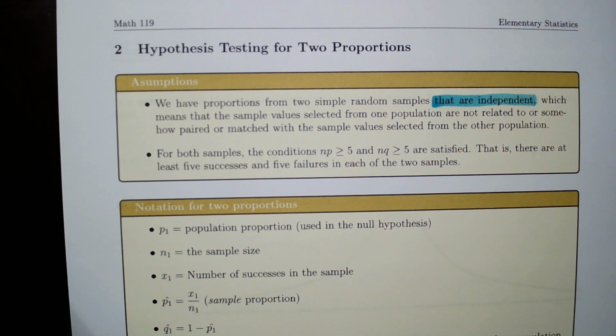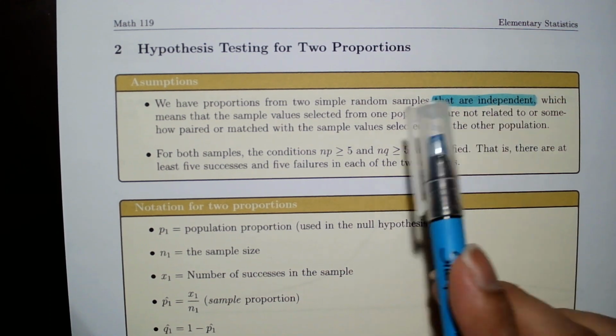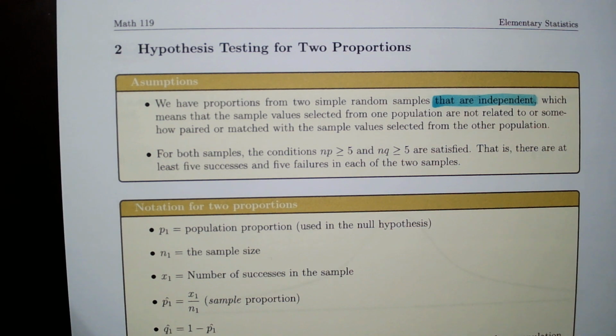For example, if we are going to determine the mean amount of time people spend at a shopping center, and we want to compare those mean times or the proportions from two different cities, then we take a sample in one city and then in another city, or maybe in the same city at one mall and at another mall. The thing is, none of the samples come from the same population.